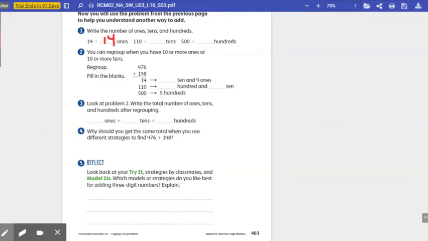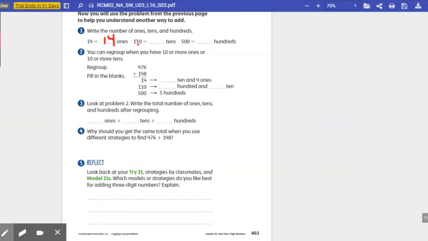In 110, how many tens are there? Well, here if we're looking, we see 110, right? But if we want to take the whole number, 110, and regroup those hundreds into tens, how many groups of 10 are in 100?